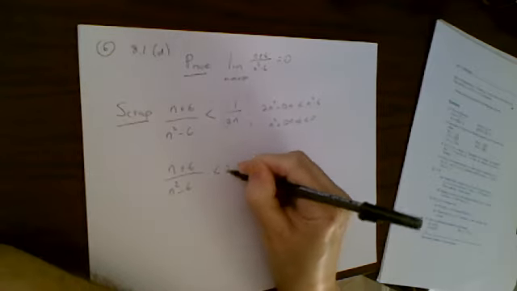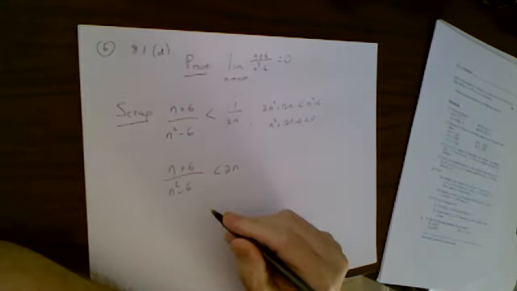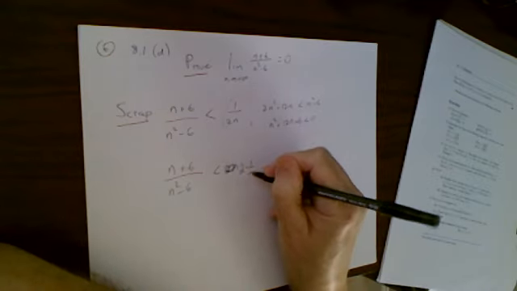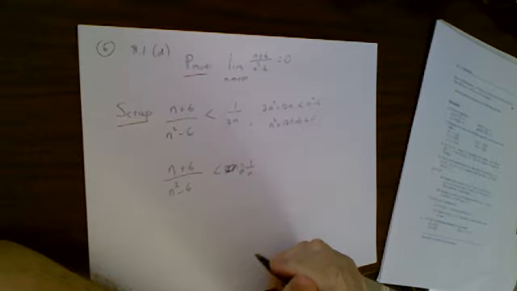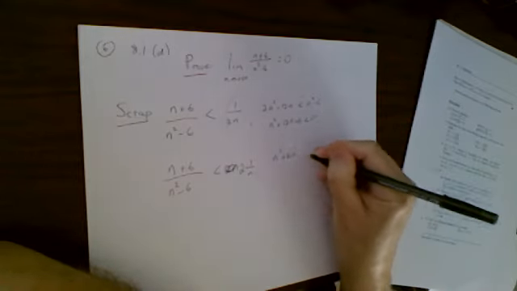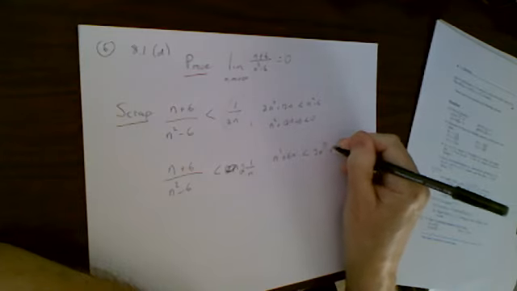So let's see if this is less than 2 times 1 over n. That would be the same as n squared plus 6n being less than 2n squared minus 12.